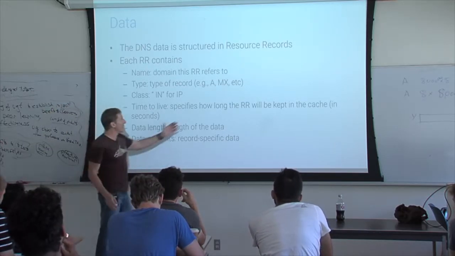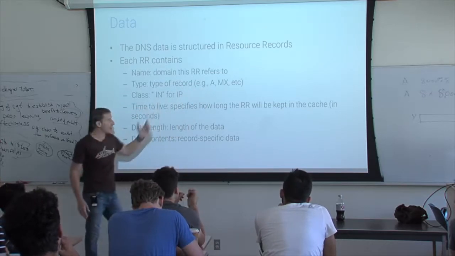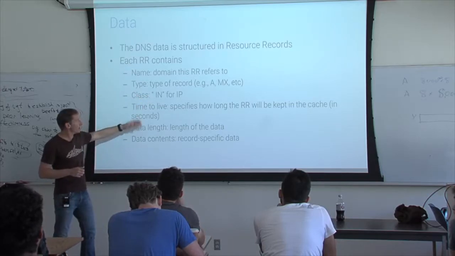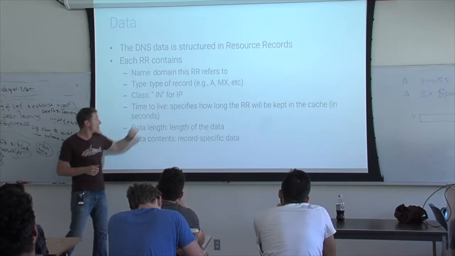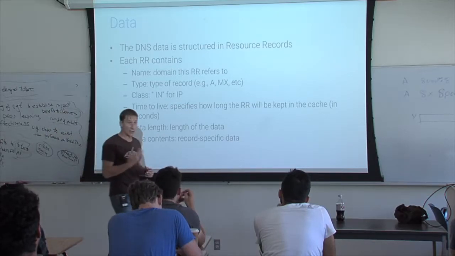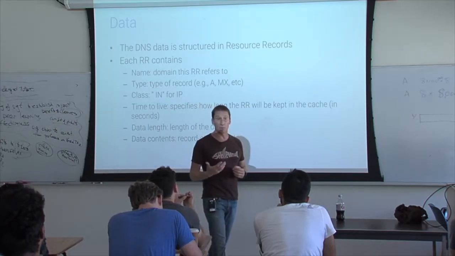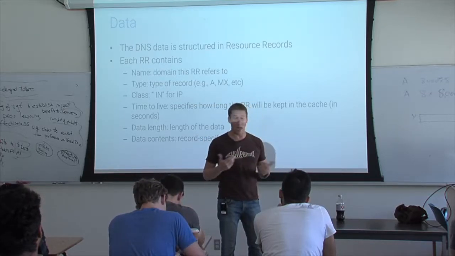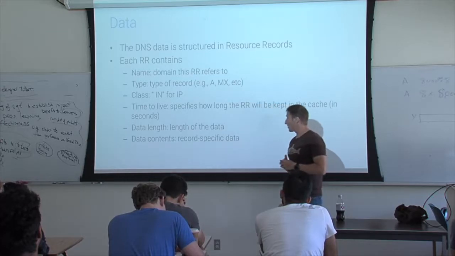Of course, you can have A records and pointer records, as we have seen before. There is a class of resource, for IP addresses it is IN. Time to live: you also want to specify how long you should keep this in your cache. Then it's, of course, up to you to decide if that's the case or not.